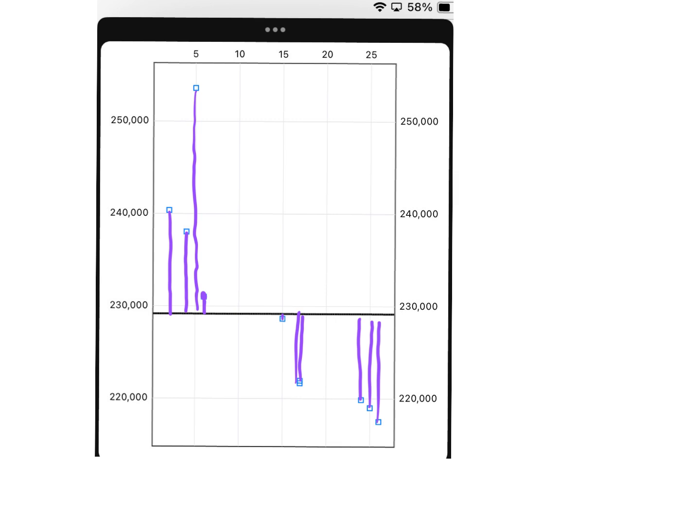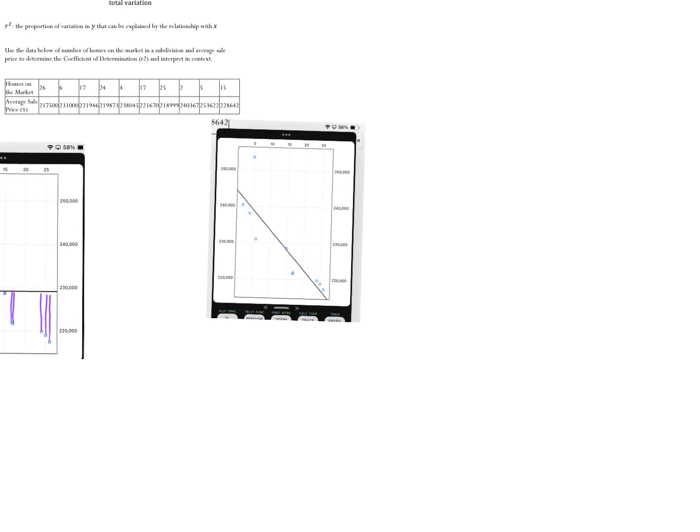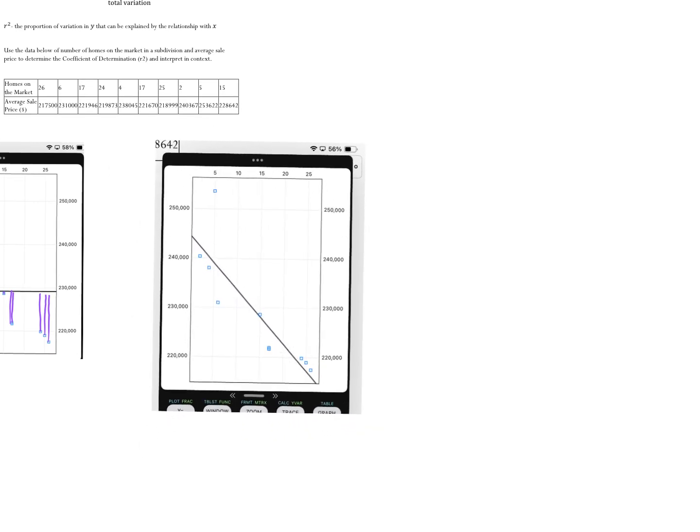Okay. So this other picture is the line of best fit. The minute I draw in that line, it says this is how the x's and the y's are related to each other. So all of a sudden it's taking the x values, the number of homes on the market, into account.